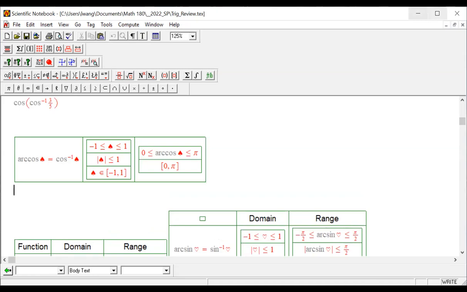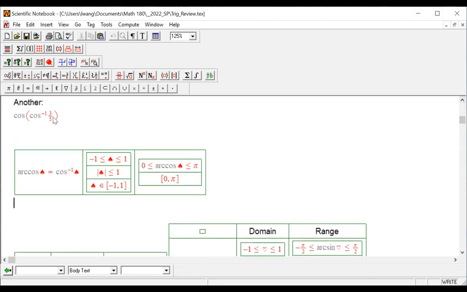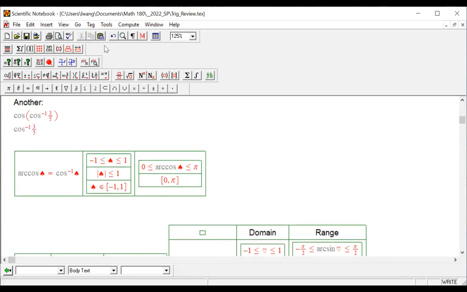This piece of information will come to our rescue. So naturally, we introduce this angle and let it equal theta, whatever symbol is easy to write. If arc cosine 3/5 equals theta, theta is going to be in this interval.